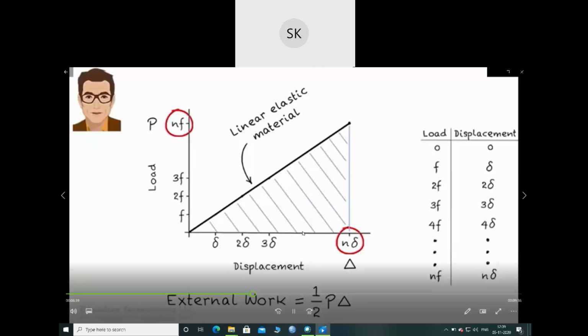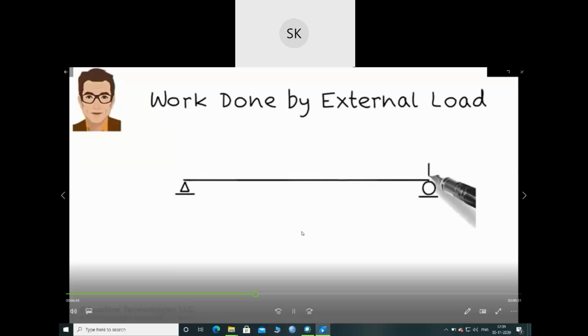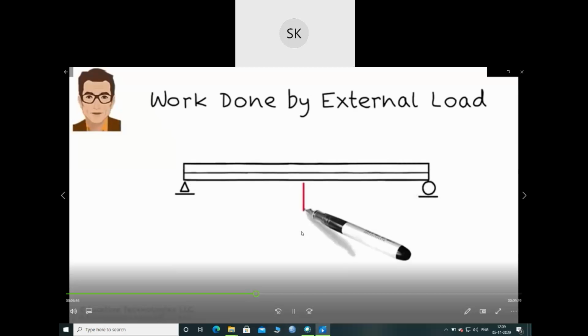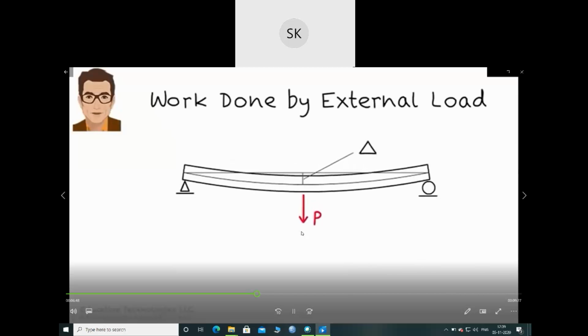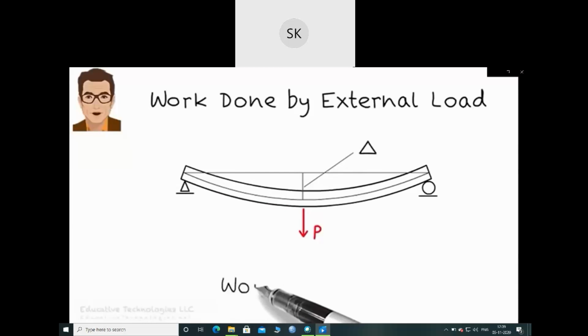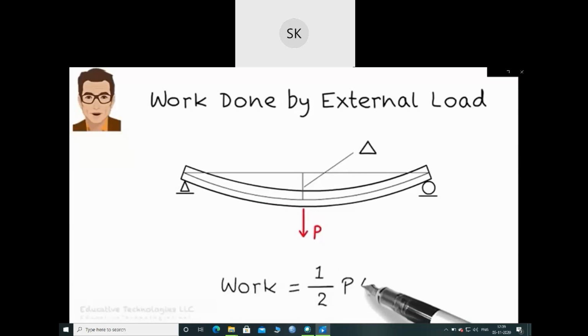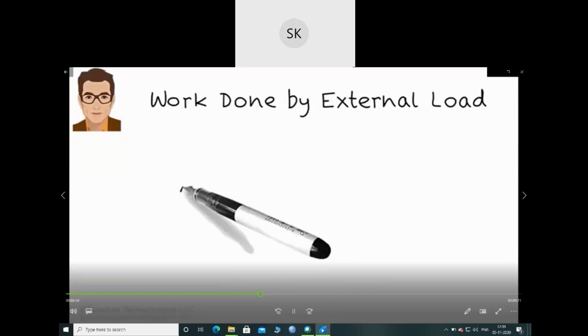Before we proceed further, let's visualize external work in a few problems. Here, the work done by P is 1/2 P delta.